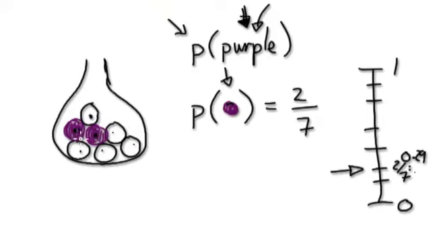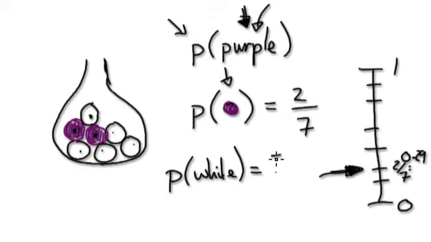So the probability of you picking a purple sweet would be 0.29. Okay, so it's somewhere quite low down. Or you could say the probability of you picking a white one would be 5 over 7.